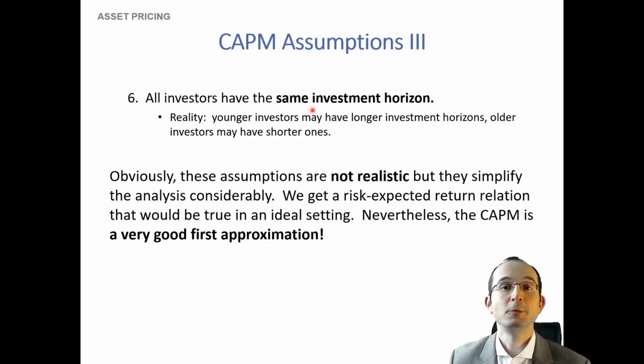None of them really are. But they simplify the analysis to the point where we can actually derive a useful result. So just as with other models that rest on assumptions, the common saying goes that all models are wrong, but some models are useful.